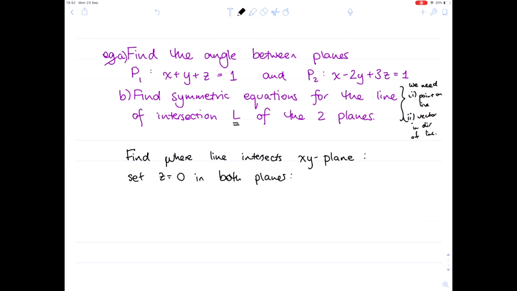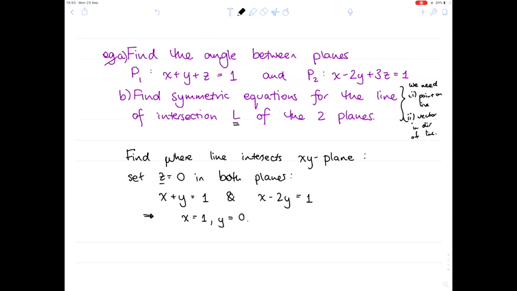If we set z equals 0 in the first equation, we get x plus y is equal to 1. And in our second equation, if we set z equal to 0, we get x minus 2y is equal to 1. We are looking for the line that is the intersection of these two planes, so we solve these simultaneously, which gives us that x is equal to 1 and y is equal to 0.